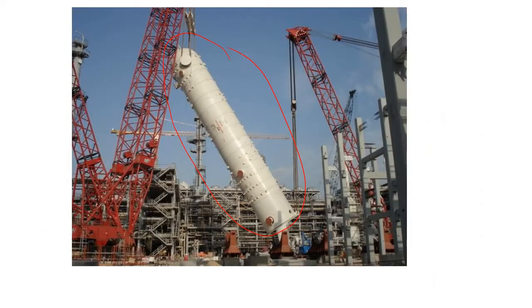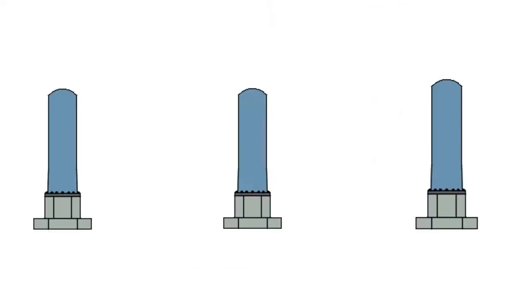This is simply a typical picture of installing a vertical vessel in any process industry. Here you can see that the loads coming to any vertical vessel or vertical column, whatever you call it, are normally gravity loads. If you consider the gravity load, there is no problem.